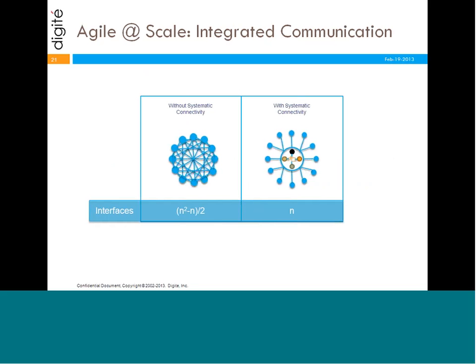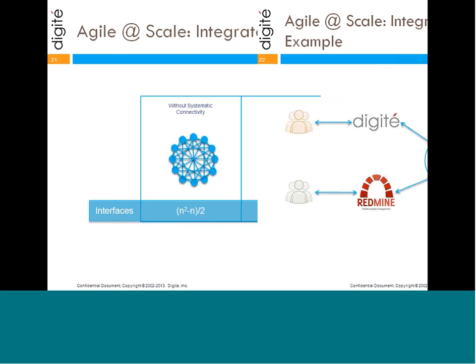But with systematic connectivity, the number of communication paths or interfaces will just be n, the same as the number of users, and all the users will have the same method of communication through the common integrated system that they have, and that dramatically reduces the communication complexity.